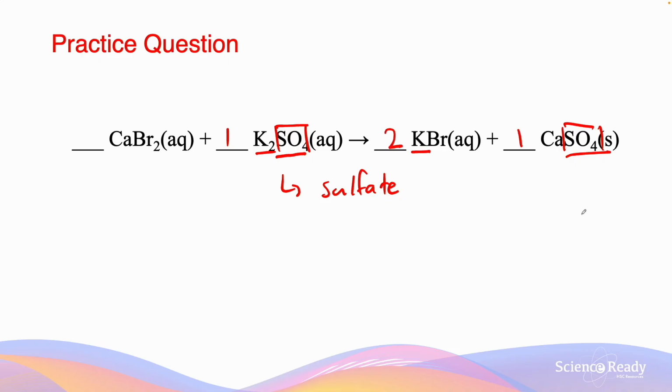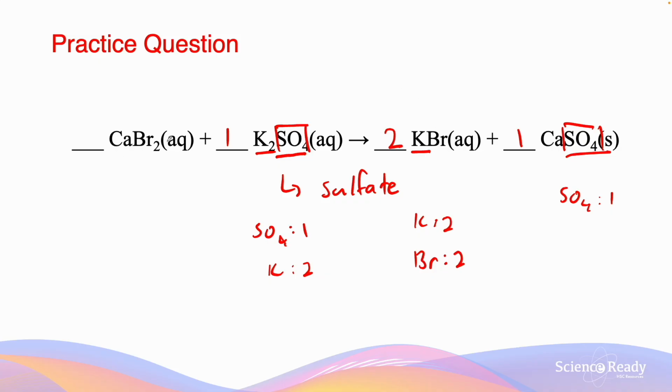So now, looking on the right hand side, we have 1 SO4, as we do on the left hand side. We also have 2 Ks, because it's 1 times 2, and we also have 2 Ks on the right hand side. We now also have 2 Brs, 2 bromines that we need to balance. Bromine is found exclusively in potassium bromide and calcium bromide.